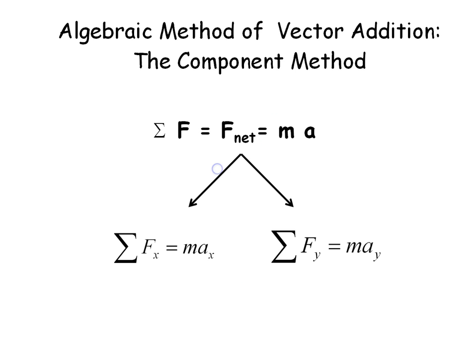Now, what we're going to do next is look at cases that are slightly more complicated. Oftentimes the head-to-tail method is too cumbersome to actually draw out, and what you'd like to do is use some sort of algebraic method of adding the vectors. We've done this before with velocity vectors, and now for the first time we're going to do it with force vectors. This is called the component method.